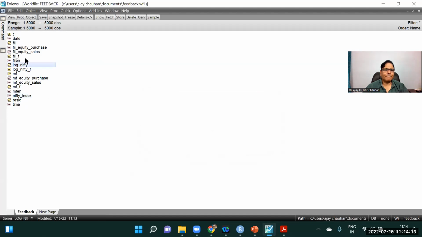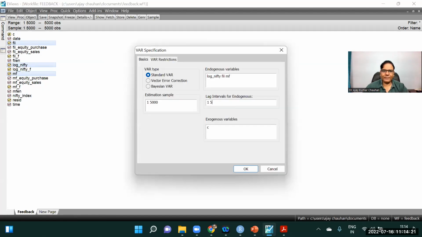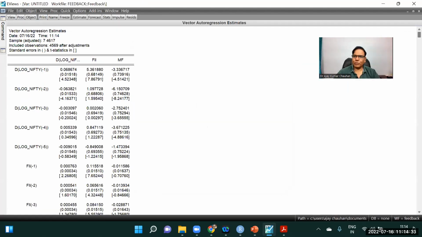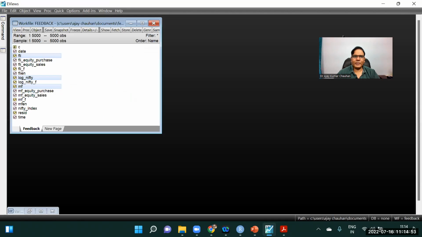After that, let me try to show you the forecast. Normally we can do one-day forecasting because you must have the previous values of the Y. If you do this, the software will give you the forecasted values.